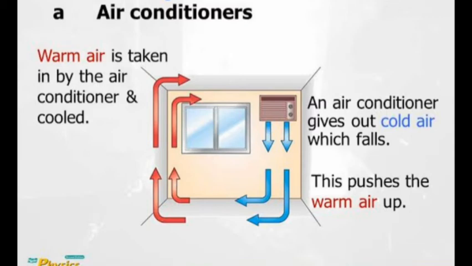As cold air is heavier, it falls down, and this pushes the warm air up, which is responsible for the formation of a convection current. The warm air moves up and becomes cool due to the air conditioner, and again starts coming down. You can see in the picture how it forms a convection current which keeps the whole room cool.